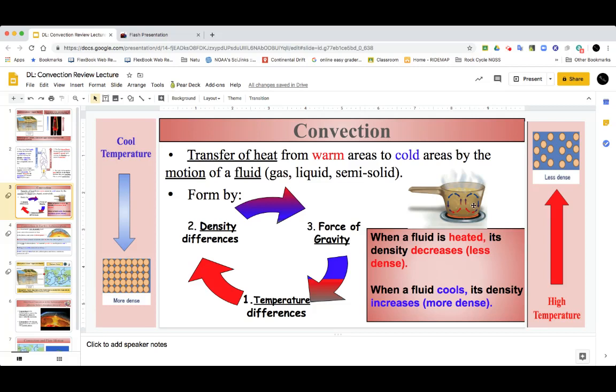It occurs in liquids, much like a pot of soup. We looked at a pot of soup both in the gizmo and then in the short reading assignment that I had you do a couple of days ago. So we have convection occurring when we have warm water or warm soup rising and bubbling. It seems to bubble when you boil soup. Well, it's bubbling because it's rising from the bottom. It's so hot.